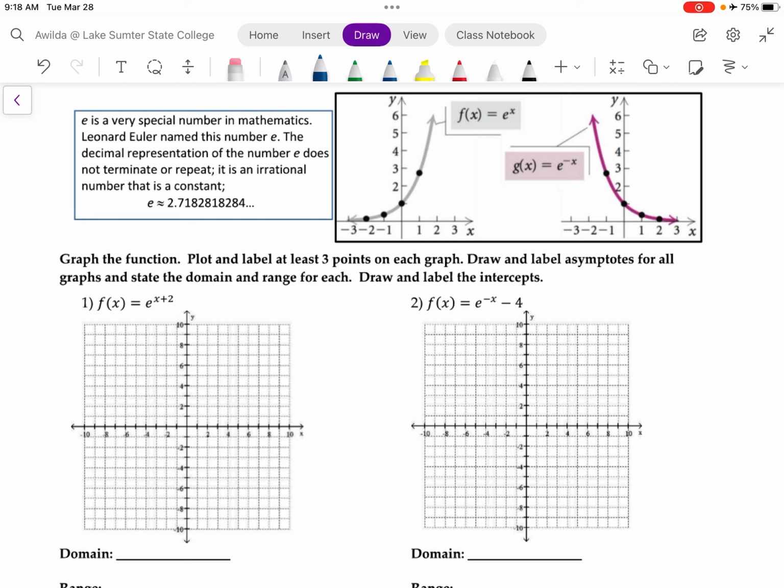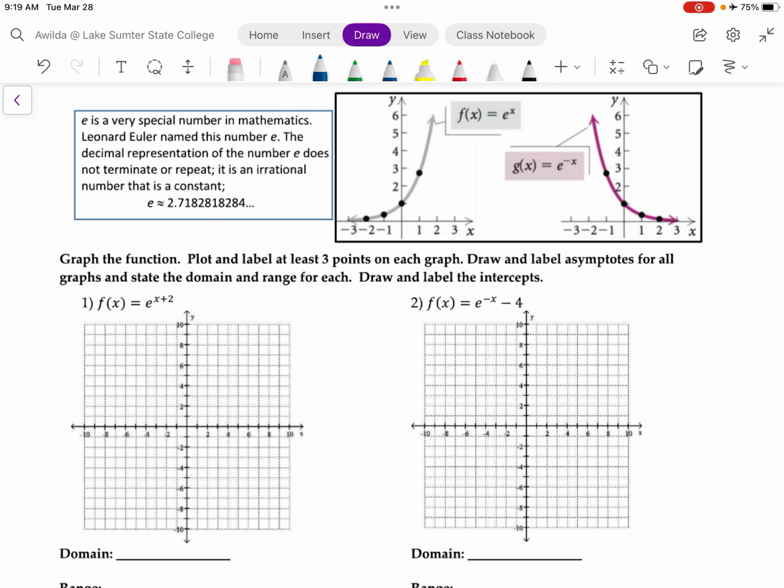Therefore, its exact value is represented by a symbol, in this case, the lowercase letter e, but it is irrational, so it has a non-terminating, non-repeating decimal approximation. All right, so here's its approximate value, about 2.71828, et cetera, so about 2.7. So a little bit less than 3.